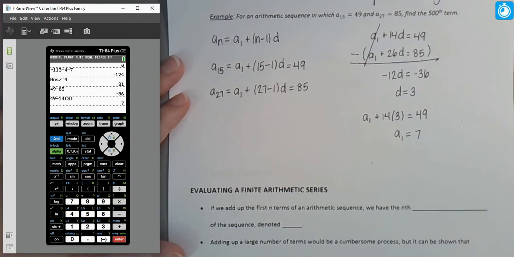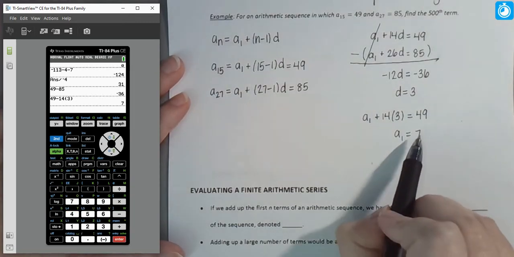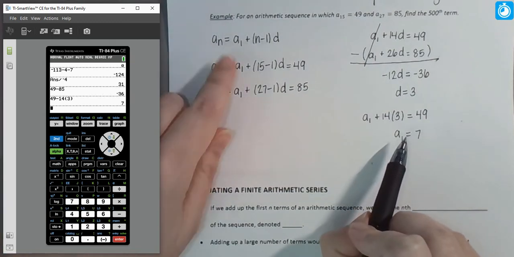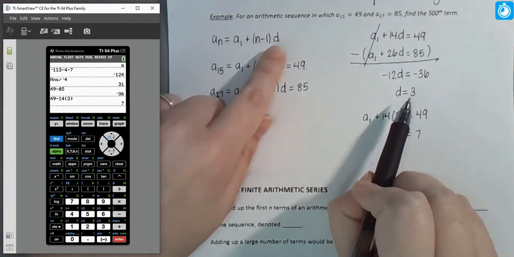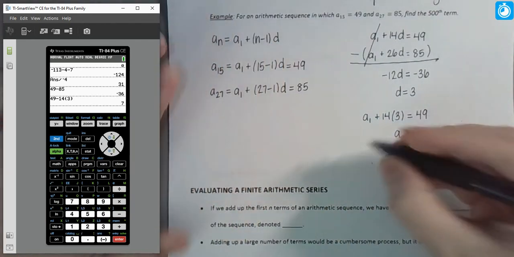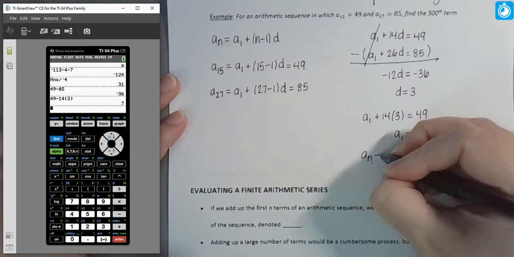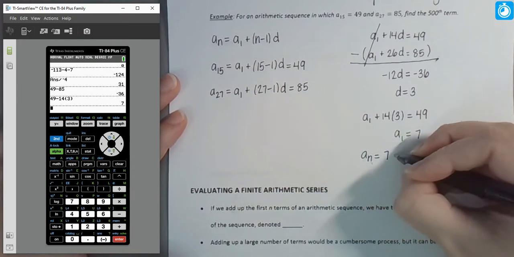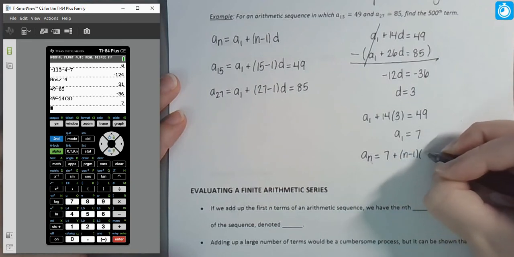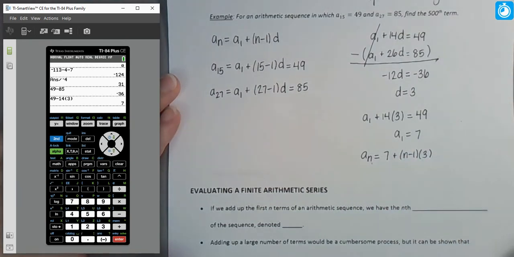So that tells us our starting term in this sequence, which we were not given, is the term 7. So if we know our A1 and we know our value for D, then we can write the nth term. So the nth term is going to be 7, which is A1, plus n minus 1 times D, which is 3.